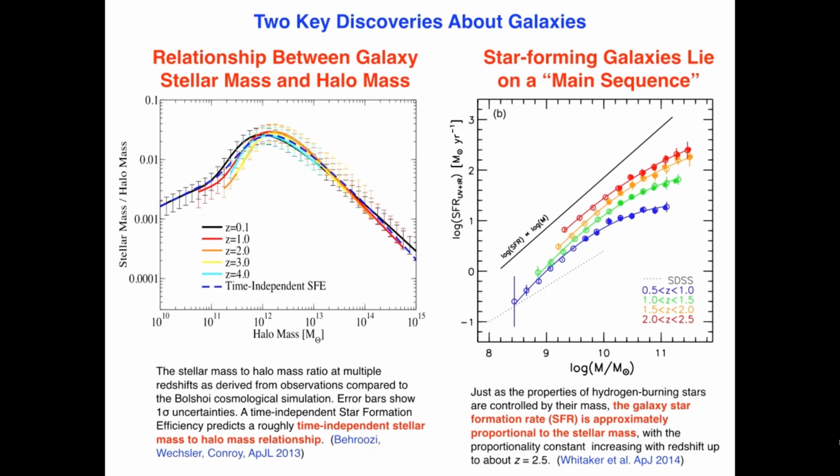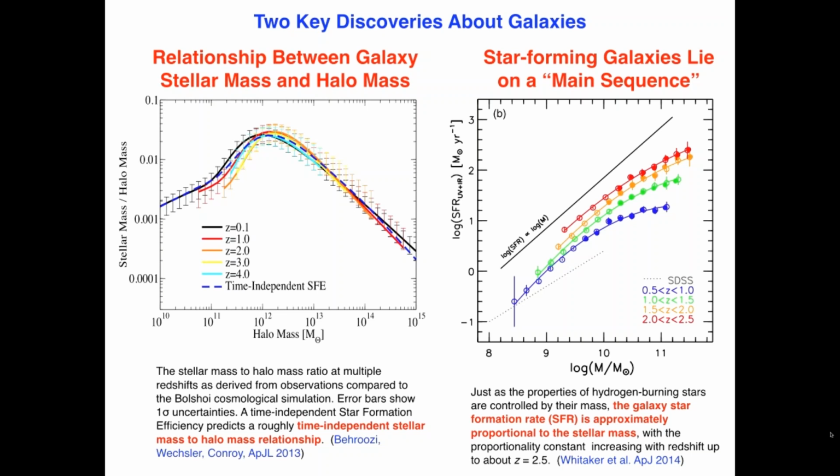So the vertical axis is the log of the star formation rate. The horizontal axis is the stellar mass of the galaxy. And what you see is that at all redshifts, the lower mass galaxies have a star formation rate that's essentially proportional to the stellar mass of the galaxy. In other words, they're on a power law shown by the black curve.